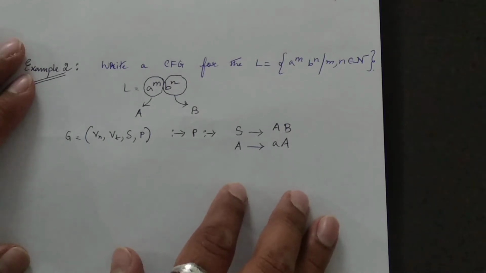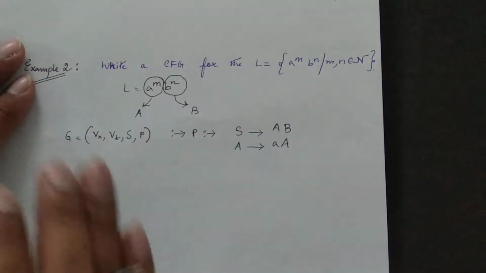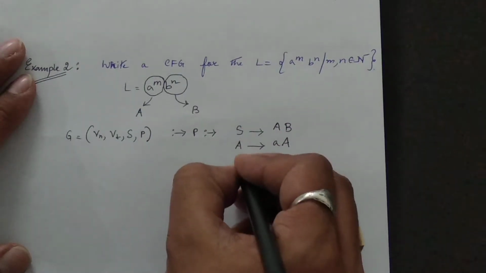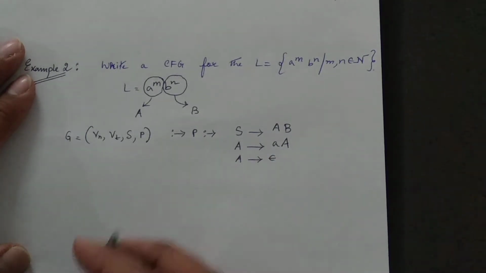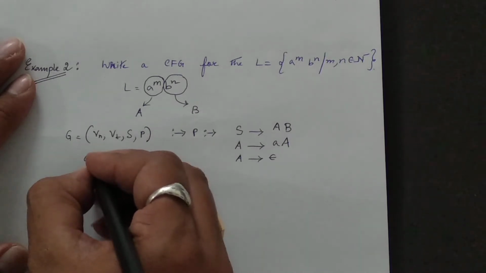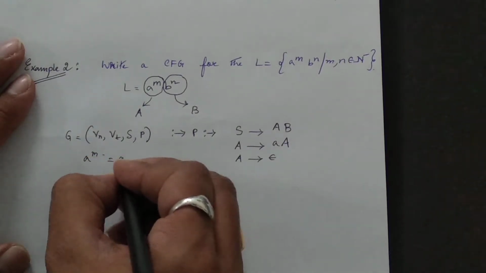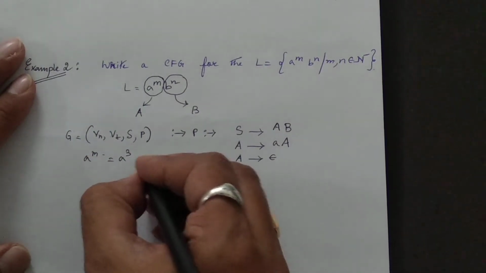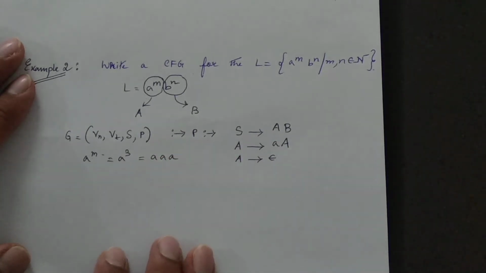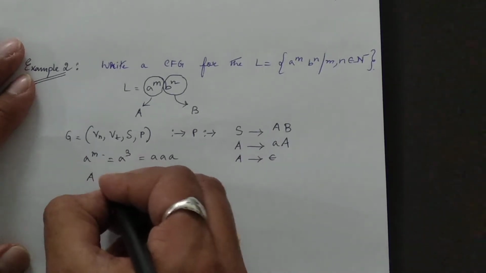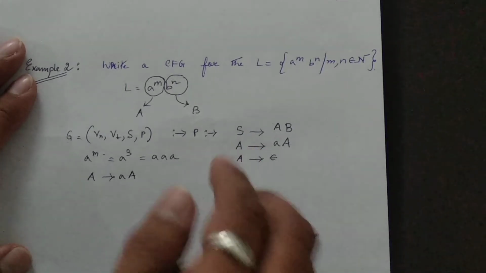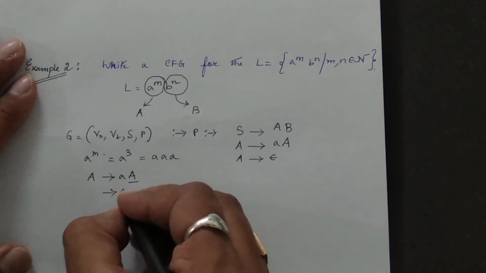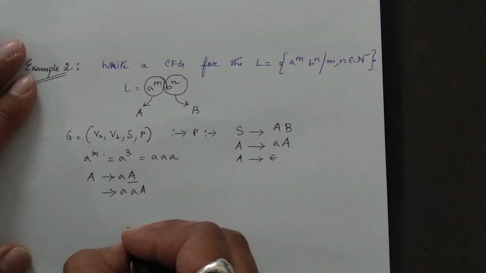Suppose I want to end that particular thing, then I can use A tends to epsilon. Let me give you an example. What I've told you, a to the power m, suppose a to the power 3. That means what will be the string? aaa. Now, if I use this production A tends to aA, I will replace this A again by the same production.